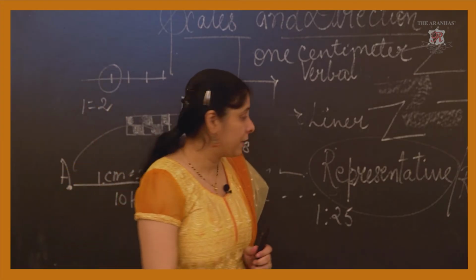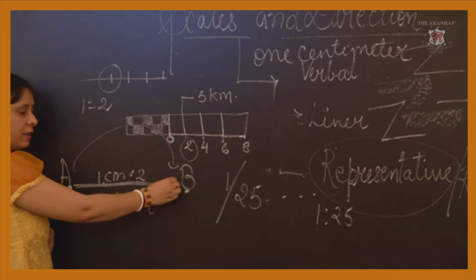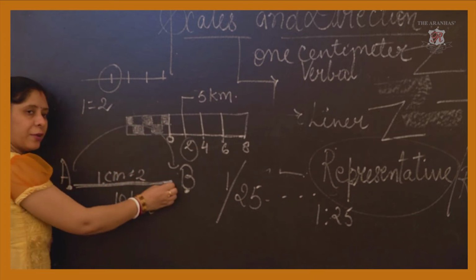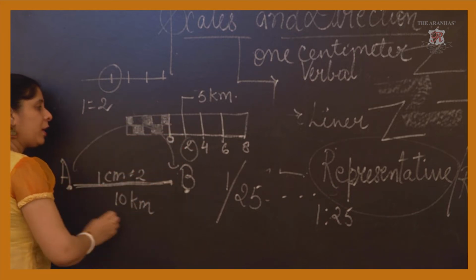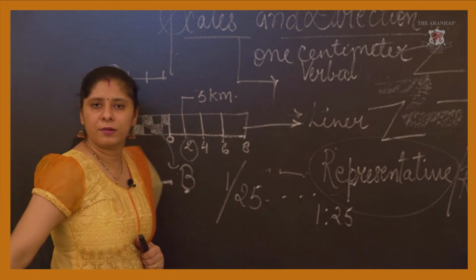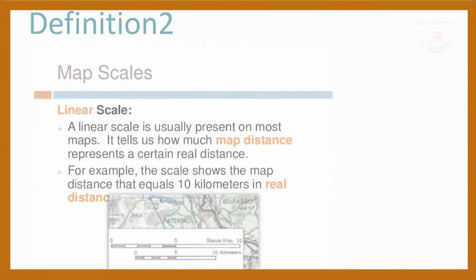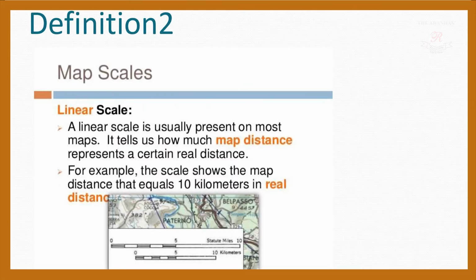So if I am talking about this particular distance here, then how much the person has to travel, that particular distance would be calculated with the help of this linear scale. It represents a certain real distance. For example, I can share this example with you. Here the scale shows the map distance that equals 10 kilometers in real distance.